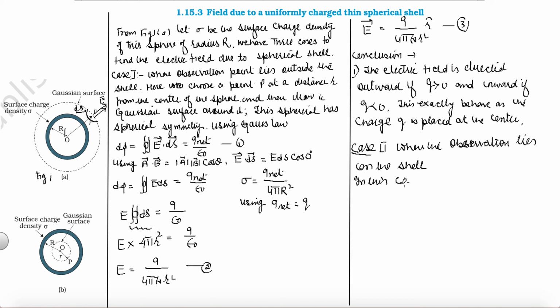In this case, small r is replaced by the radius of the shell. So using equation number 3, E vector is equal to Q upon 4 pi epsilon 0 capital R square in the direction of r. This is equation number 4.